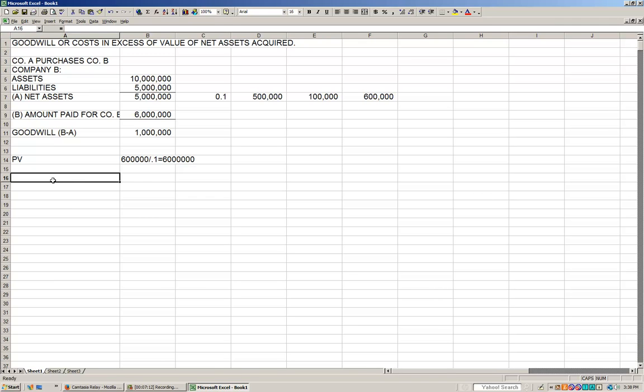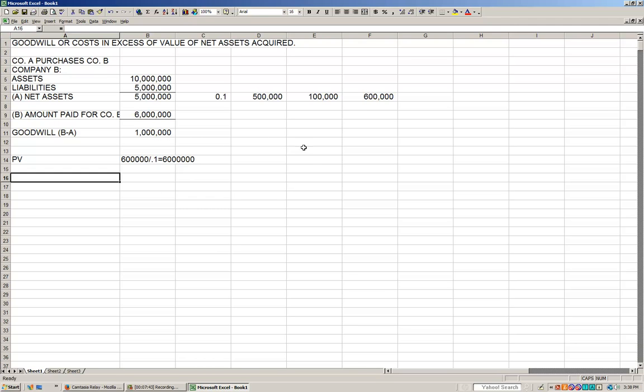And if goodwill becomes impaired, we have to write it down to its fair value. Fair value, once again, is an accounting term that we can kind of associate with market value. We have to write it down to what it's really worth. Okay. So if it turns out that we believe we're only going to get $500,000 a year forever, that means the company was really only worth $5 million. So therefore, all of the goodwill, or $1 million, should be written down.